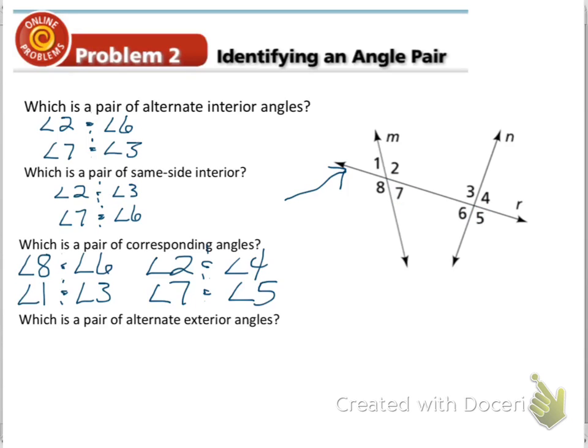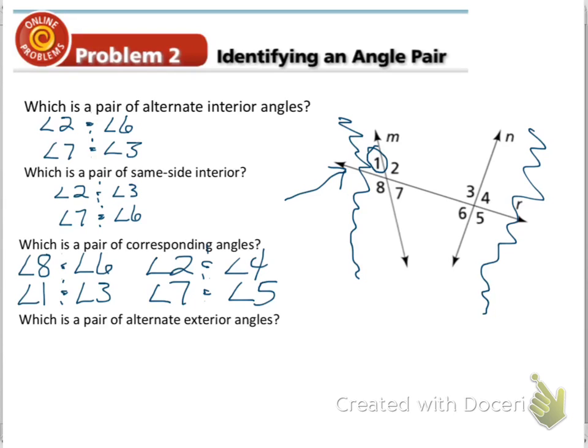So now let's look at alternate exterior. It's going to alternate along the transversal, but it's going to be on the exterior. So this part right here is the exterior, and over here is the exterior. And so we're going to alternate. So we have 1 and 5.